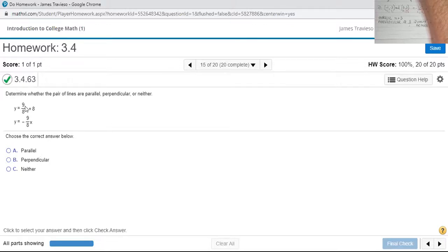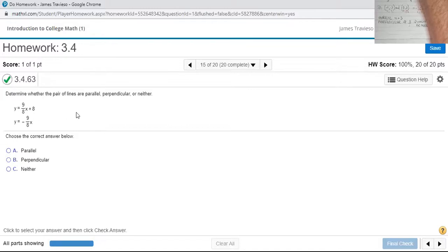Are these two slopes the same? 9/8 and negative 9/8? No. They're both 9/8, but one's positive, one's negative. So they're not parallel. The next question, are they perpendicular? Are they opposite reciprocals? Well, they are opposites because one's positive, one's negative, but they are not reciprocals, because for them to be reciprocal, this would have to be 8/9.